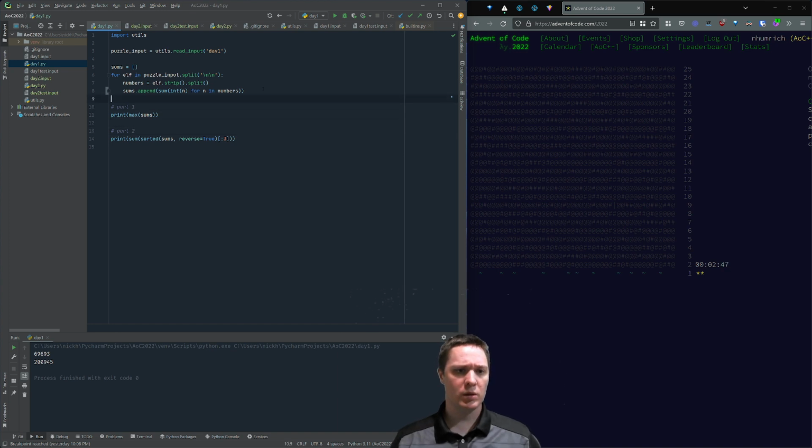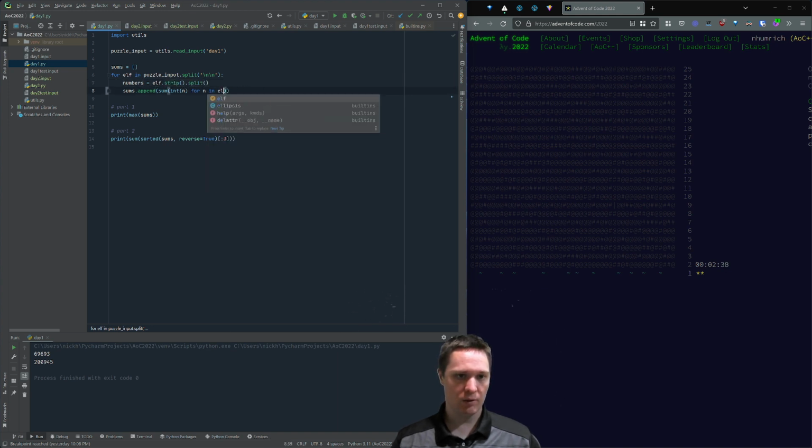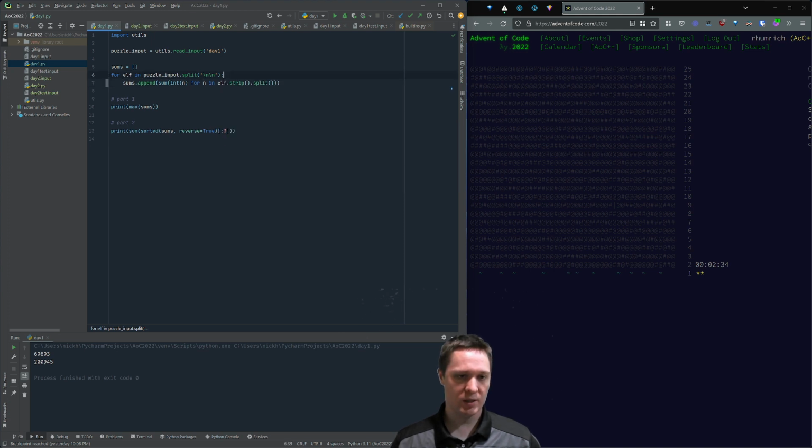You could also change this here, you could do this. You could do elf, and then you wouldn't need numbers here. And since you're doing that, you could also, instead of appending sums, do the max of this whole thing. So you could do basically the max of this.